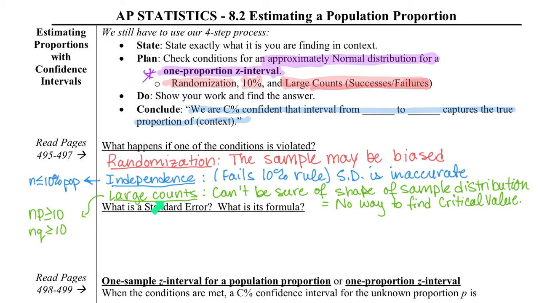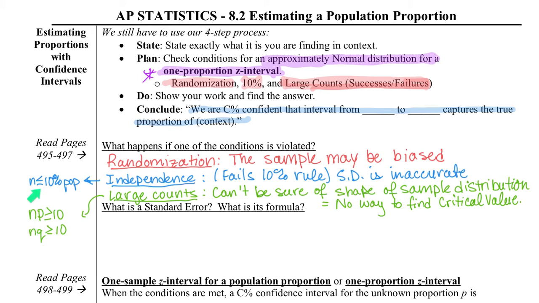If our large counts condition is violated, we really can't be sure of the shape of our sampling distribution. In other words, there's no way to calculate a critical value because we're basing that for now on a normal distribution, but we are going to learn different shapes in the future.